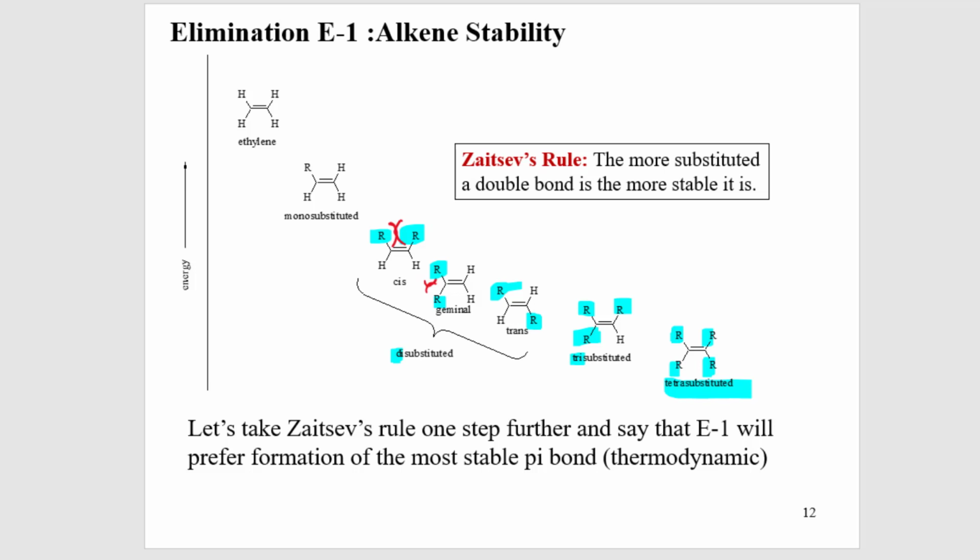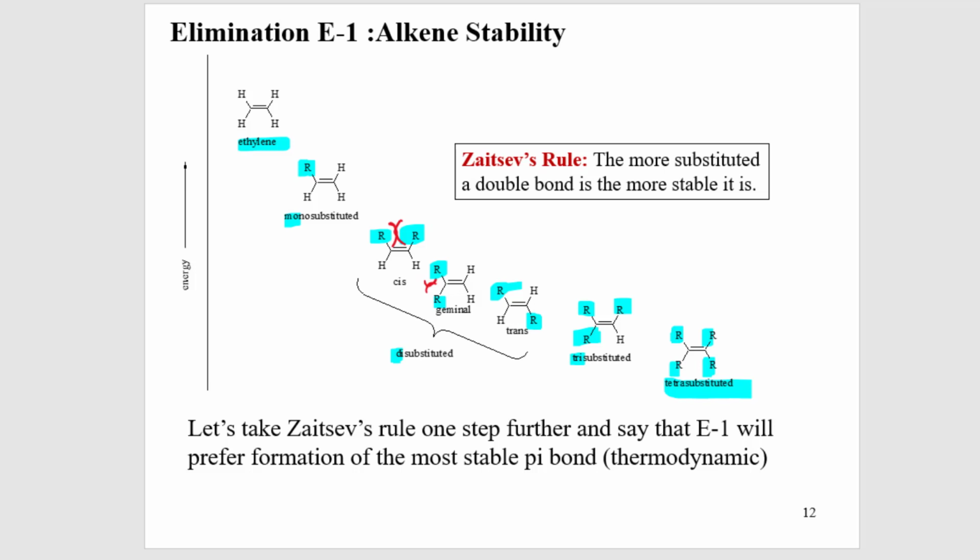Monosubstituted is the next up. So this is just having 1 carbon off of the system. And then ethylene is the highest. Ethylene just with no substitution whatsoever is the highest in energy and thus the least stable of them all.